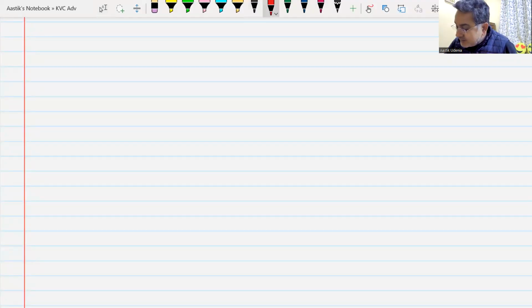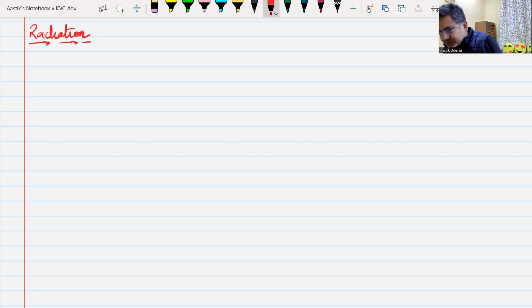Then we come to the next heading, radiation or thermal radiation or simply radiation. We might have heard this term, thermal radiation. What is this?